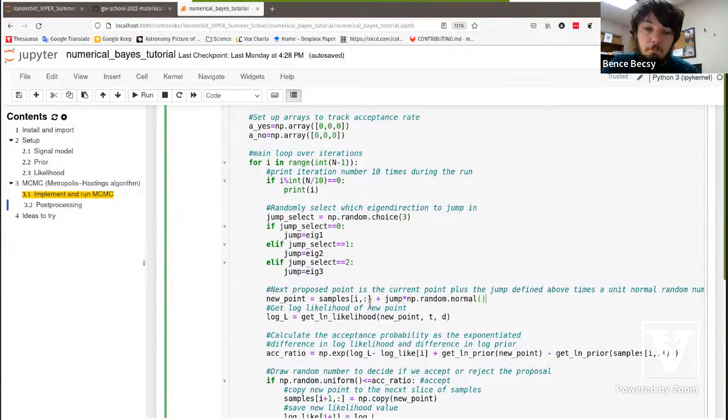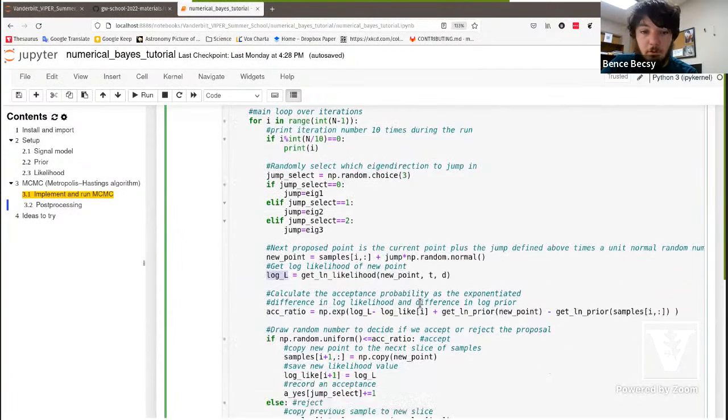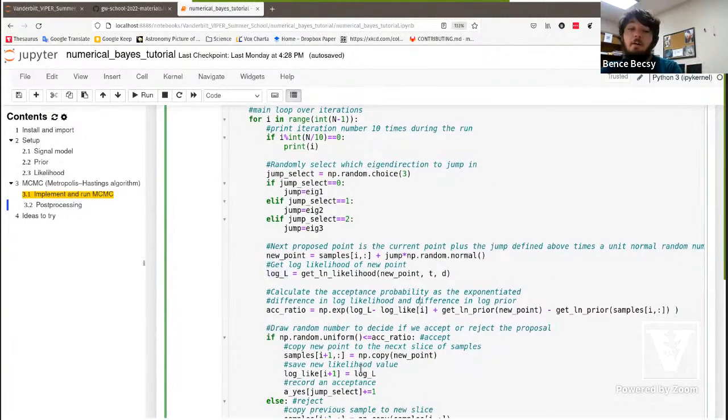So yeah, we have a new point where we try to jump to. We get the log likelihood at that new point, put it in this variable, and then to get the acceptance probability, or acceptance ratio, or Hastings ratio, we just took the difference of the likelihood.